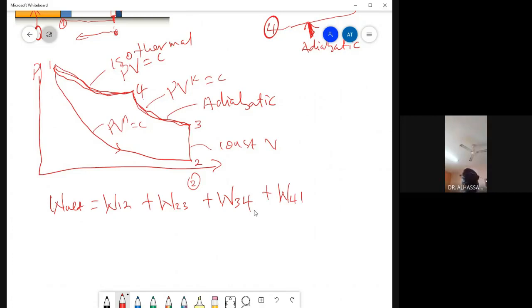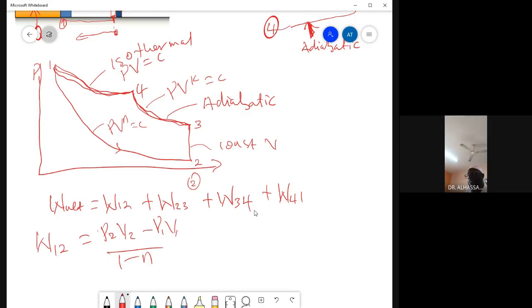Now we need to determine the work done. So W 1 to 2. What is this? W 1 to 2 is a polytropic process. Okay, polytropic. So for all polytropic processes, that gives us P2 V2 minus P1 V1 divided by 1 minus N. N is the polytropic index.